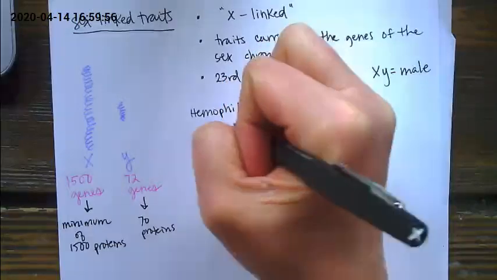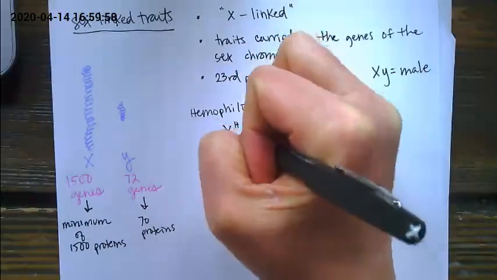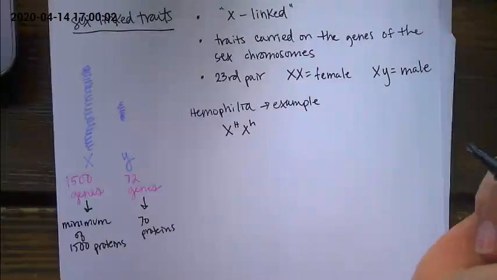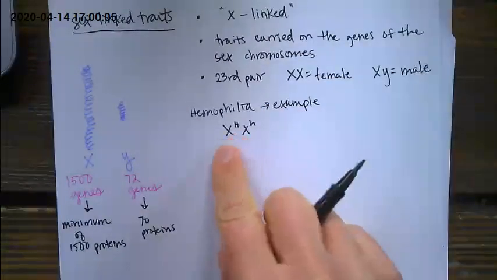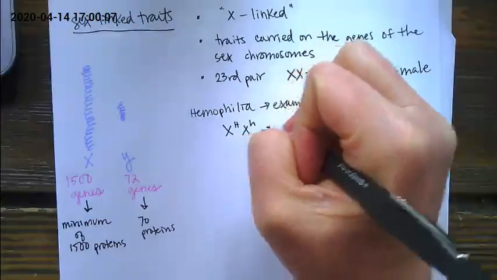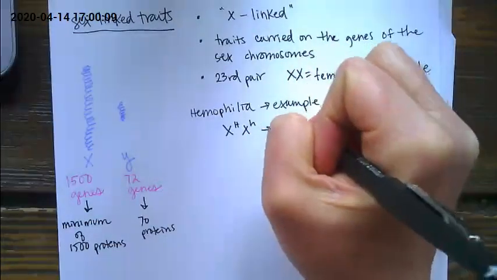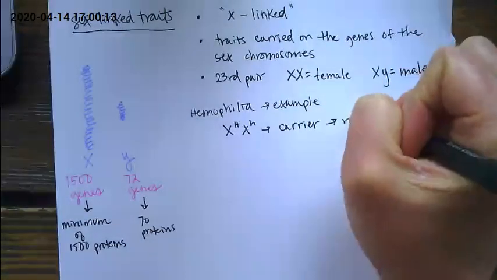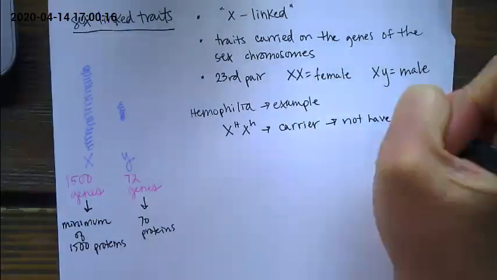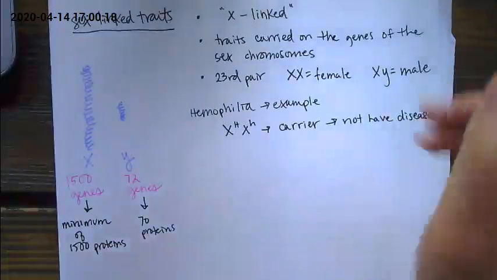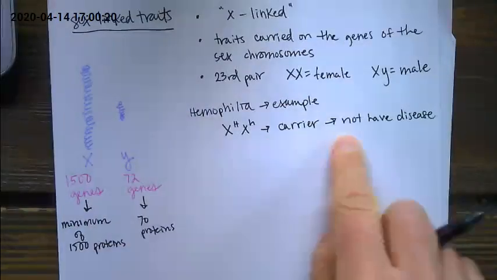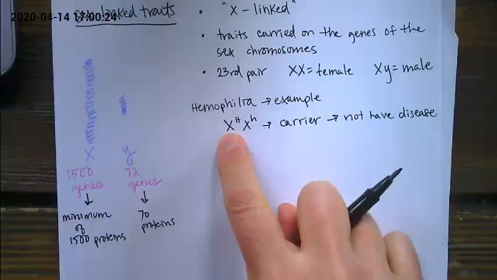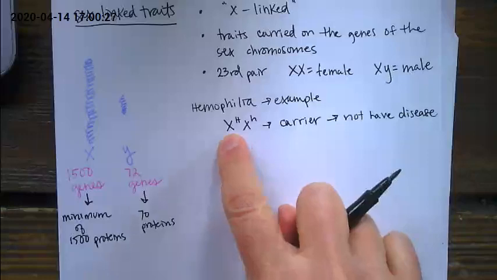So if you're a female, this is a sex-linked recessive trait. This female is called a carrier. She does not have the disease. She's just a carrier, but she has one good working X, so she's making the right clotting proteins, so she's fine. Her blood clots.